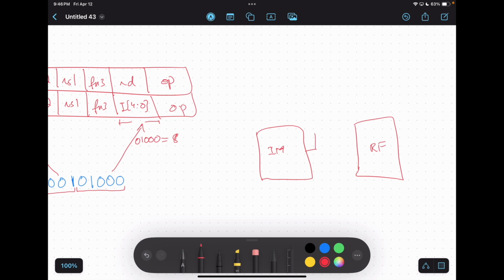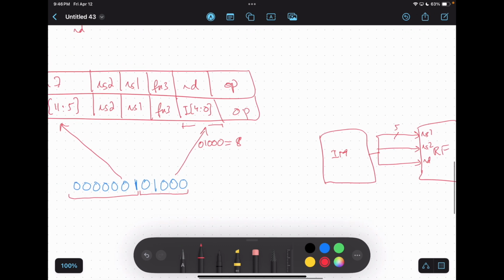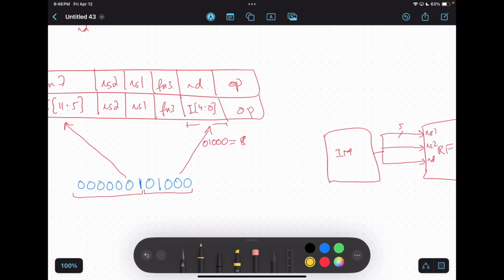The instruction is decoded and goes into rs1, rs2, and rd. So what are these wires? These are the 5-bit wires, and all these 5 bits are tied together and wired to this line.